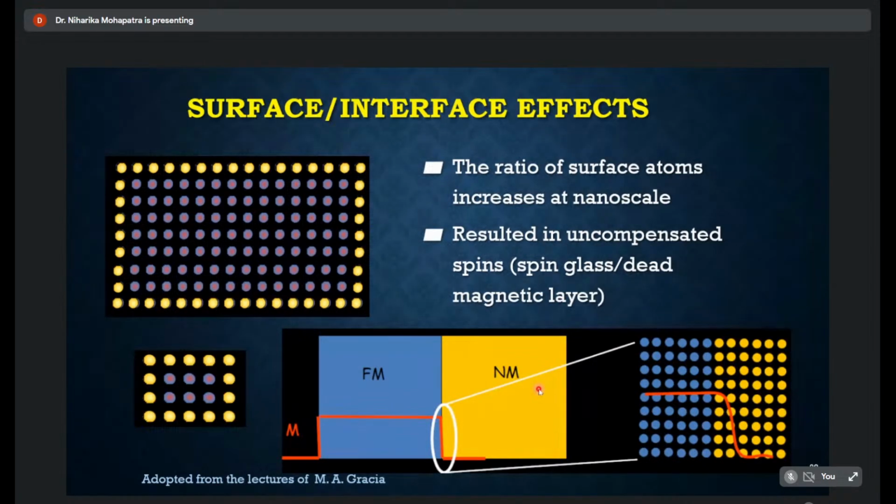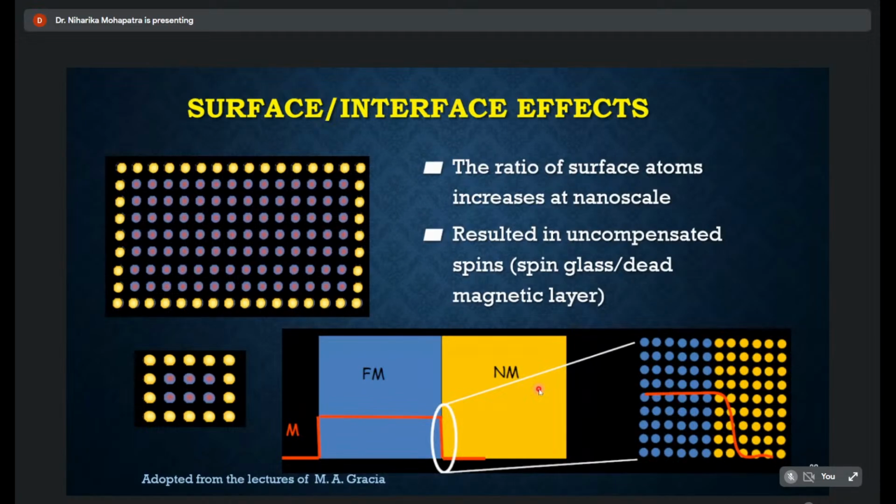This also happens when, at some particular point, there are two different non-magnets. I can give you some examples, like strontium titanate and lanthanum aluminate. None of these are magnetic in nature. But when you combine these two materials, at the interface, due to charge transfer, you can find strong ferromagnetism.